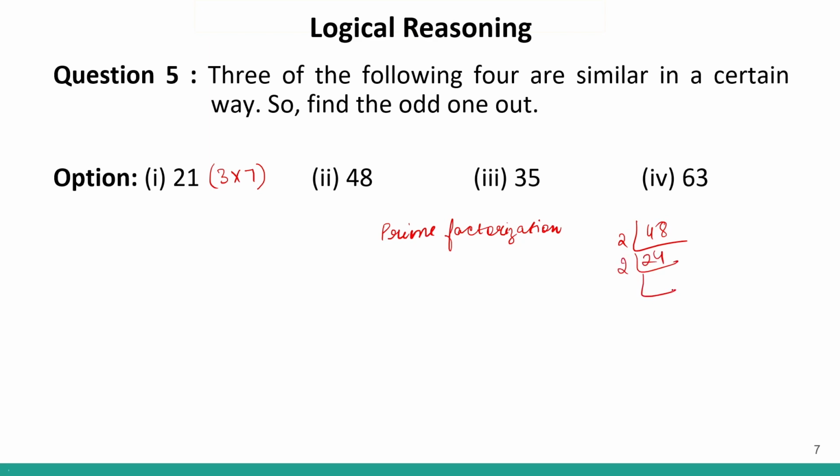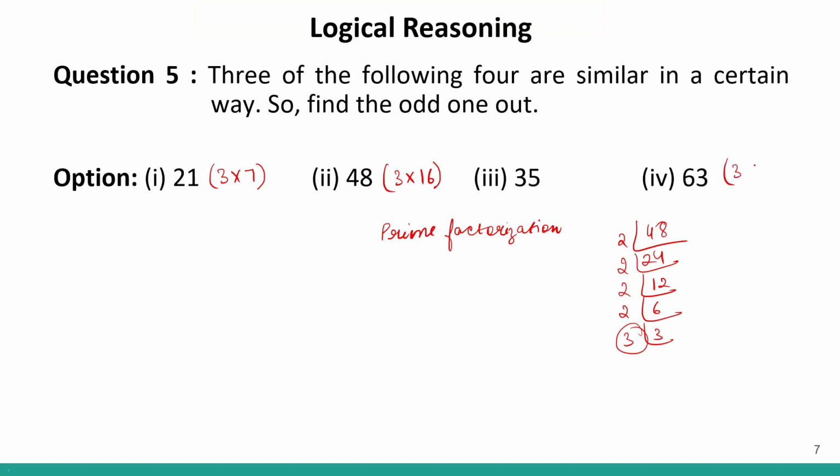If I further divide it by 2, I'll get 12. If I further divide it by 2, I'll get 6. If I divide it by 2, I'll get 3. So 48 is 2 into 2, 4, 4 into 2, 8, 8 into 2, 16. So 48 will be 3 into 16. I have used the method of prime factorization.